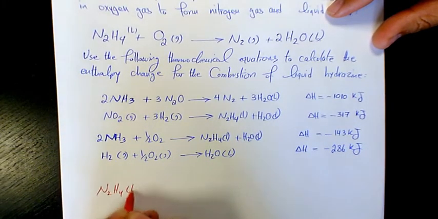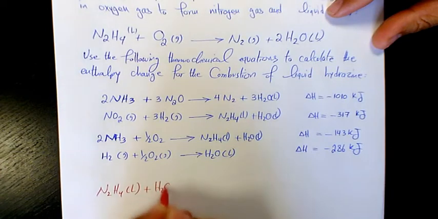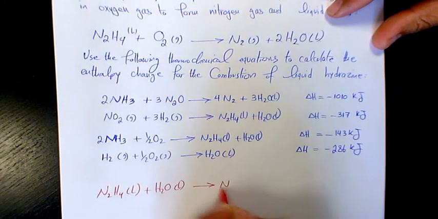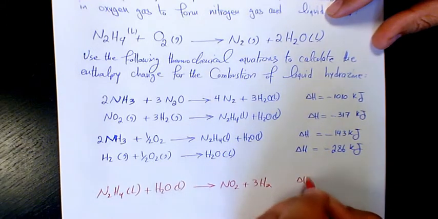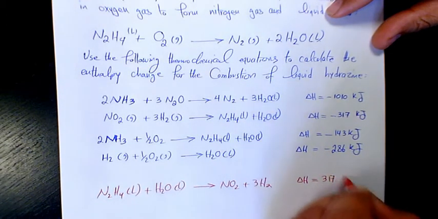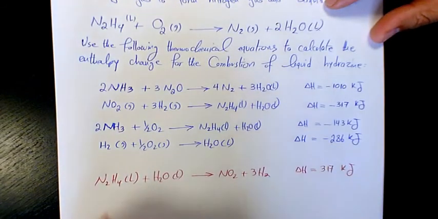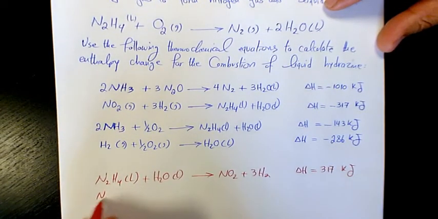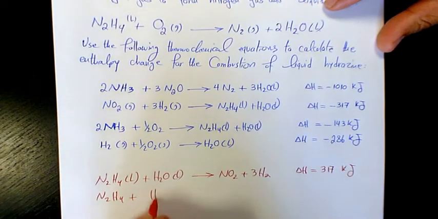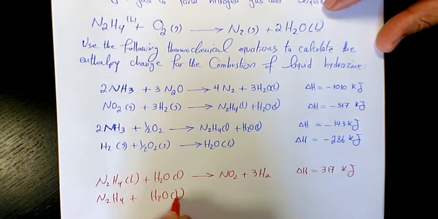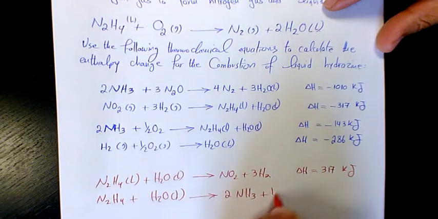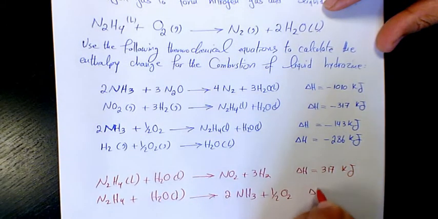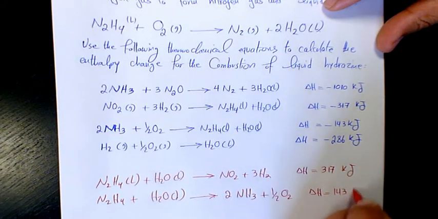N2H4 liquid plus H2O liquid is going to give us N2O plus 3H2, 317 kilojoule. N2H4 plus H2O liquid gives 2NH3 plus half O2, 143 kilojoule.